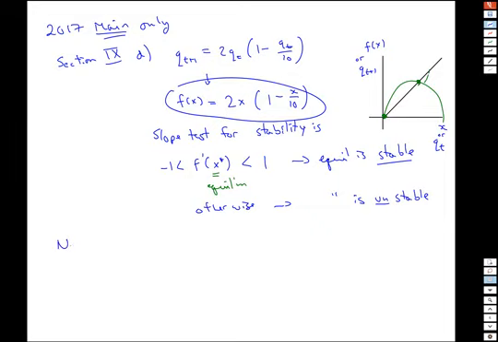So we need the derivative formula, and you can do this any way you like. I'm just going to differentiate it as is with the product rule. We're going to have 2 times (1 - x/10) plus 2x times -1/10.